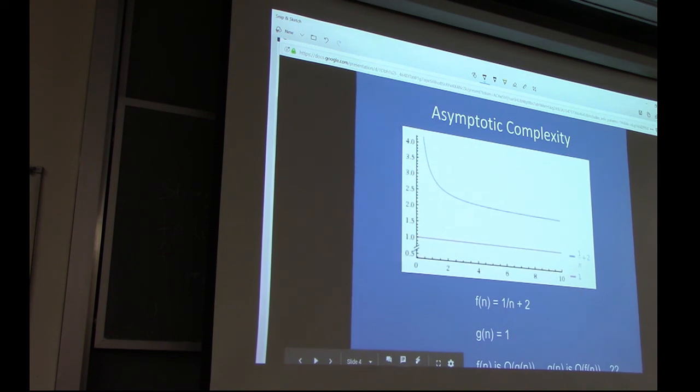Yeah? Well, let's write it in symbols first, and we'll plug in the constants. So 0 less than or equal to 1 over n plus 2 less than or equal to some constant times 1 for all n greater than or equal to n naught.